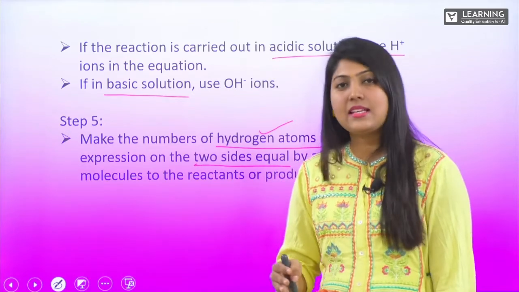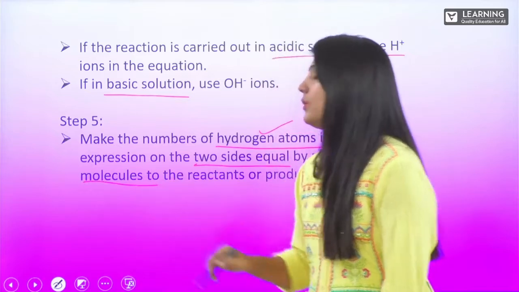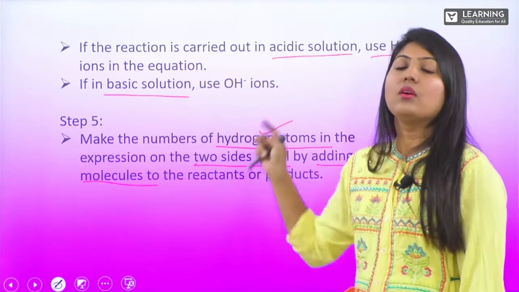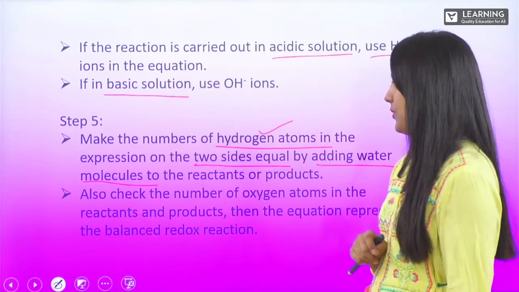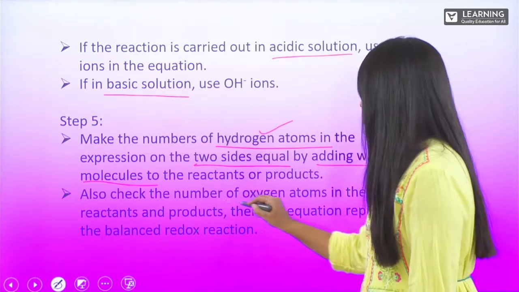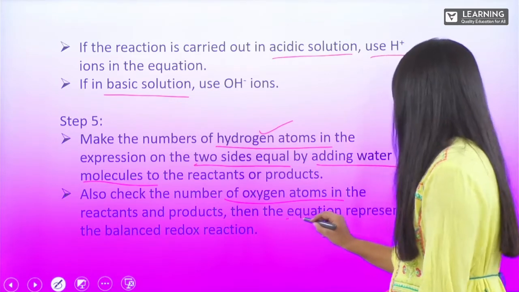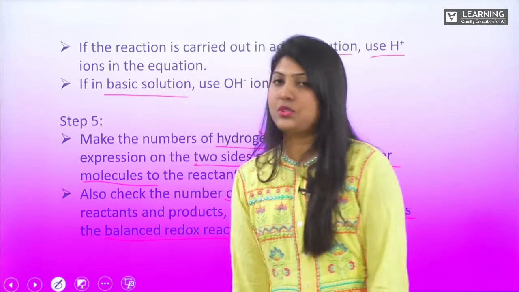To balance that, we need to add a water molecule, on the side opposite to where we are adding H plus or OH minus ions. Also check the number of oxygen atoms in the reactants and products. Then the equation represents the balanced redox reaction.